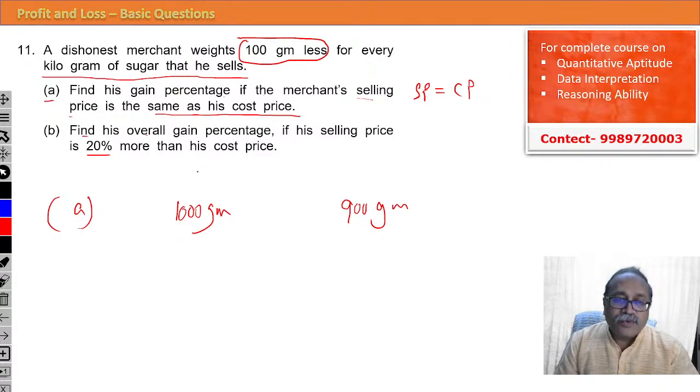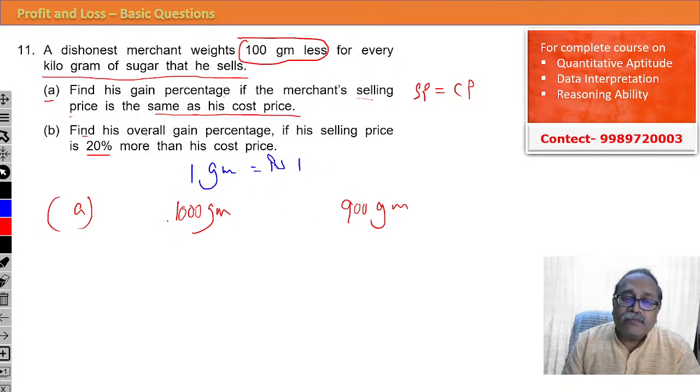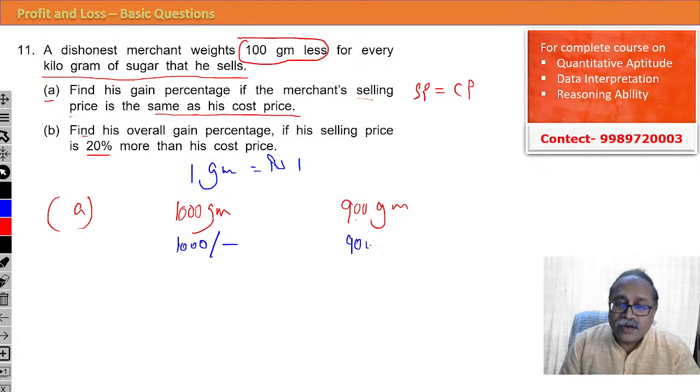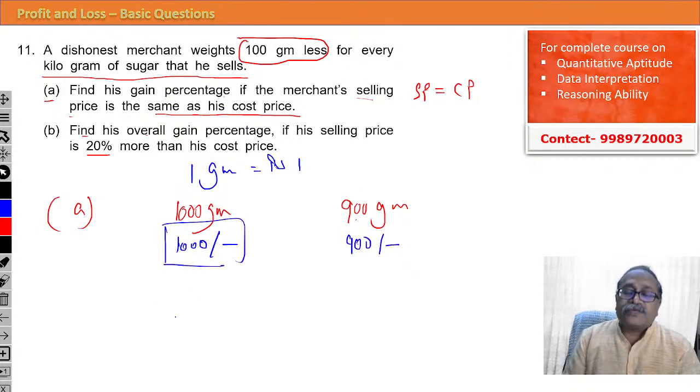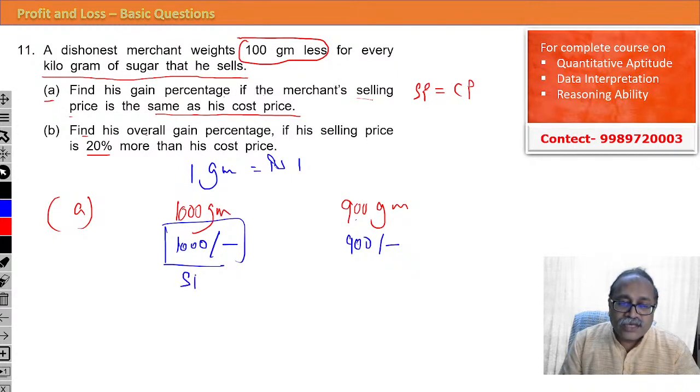Then suppose 1 gram price is 1 rupee, then 1000 gram will be 1000 rupees. So he gives the article for 900 rupees but collects 1000 rupees. So this is his selling price and this is his cost price.